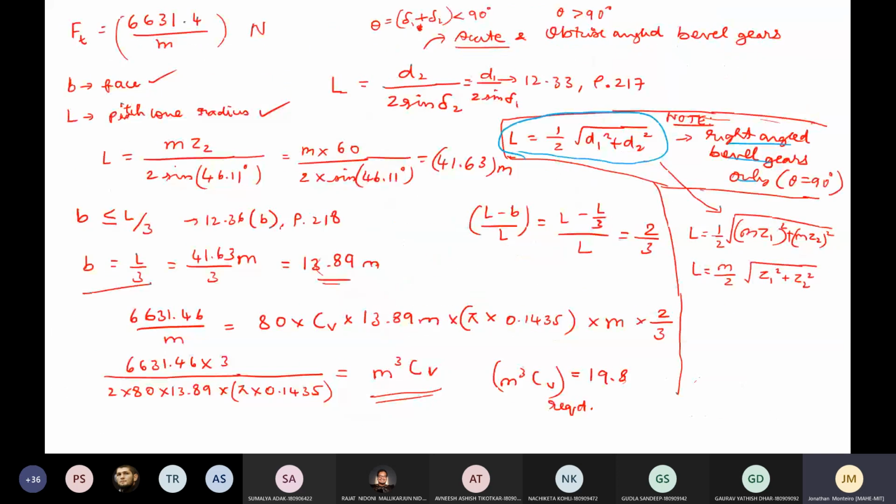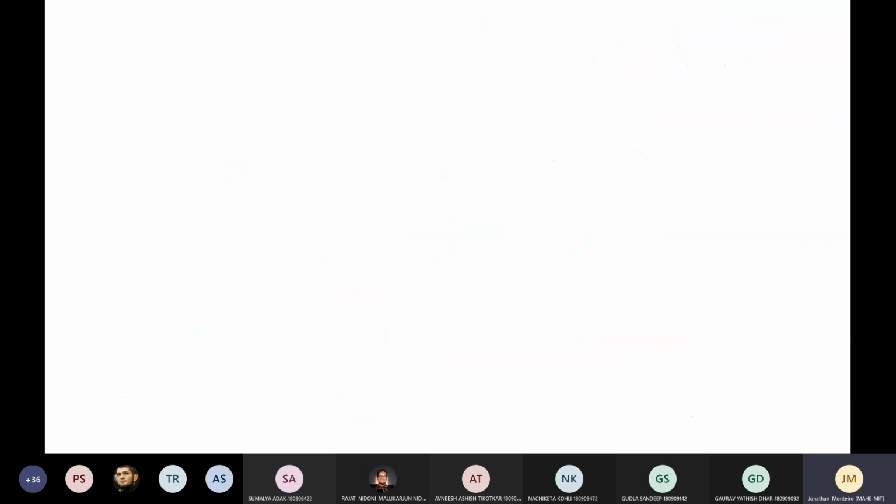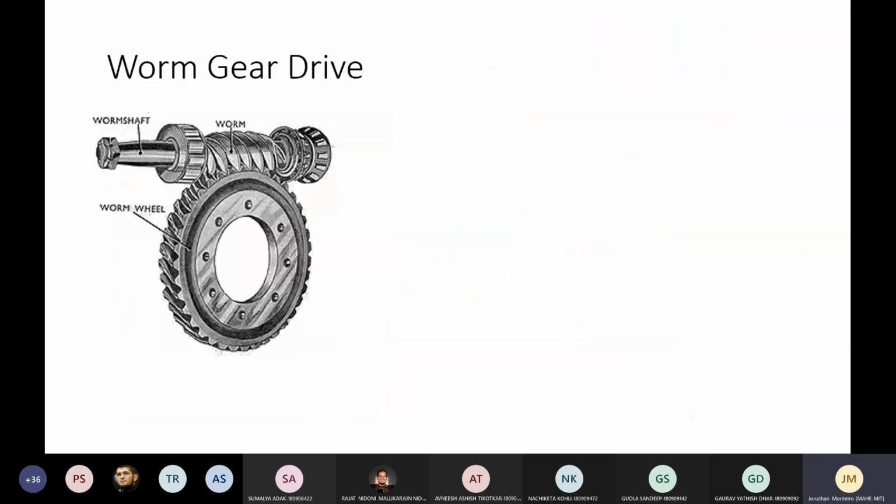So with that as the introduction, let us go and see the features of this worm gear drive. When we say worm, how does the nomenclature occur? Why do we say worm? Of course, it looks like a worm in the natural world.